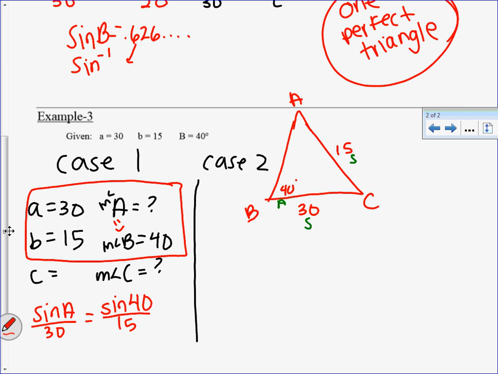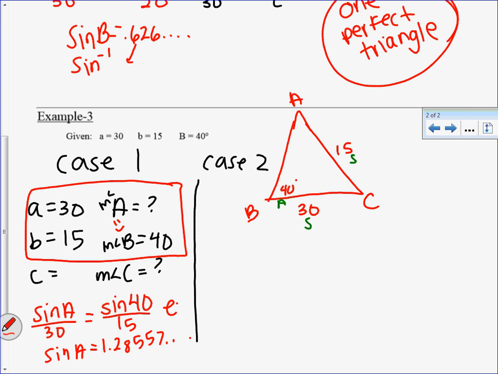When you cross multiply and solve that, you have to do sine 40 times 30 divided by 15, and you get sine A equals 1.28557.